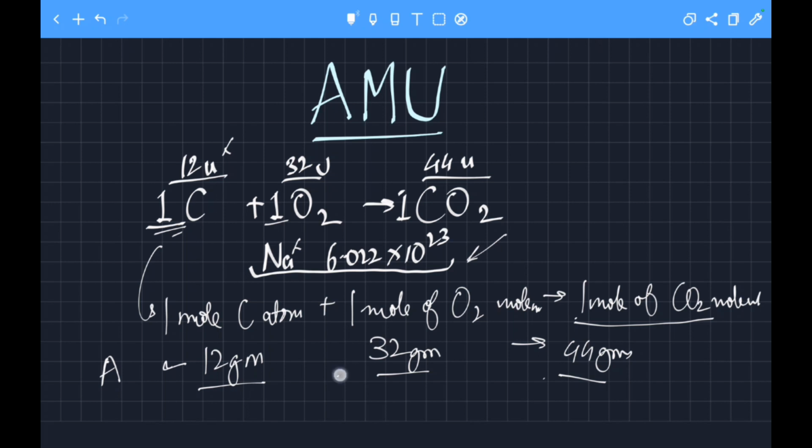Same thing with all of these numbers, it directly tells you A, the mass number of that particular molecule. And students, this is the real reason we have the mole concept, to convert mass number or atomic mass unit to grams very easily.